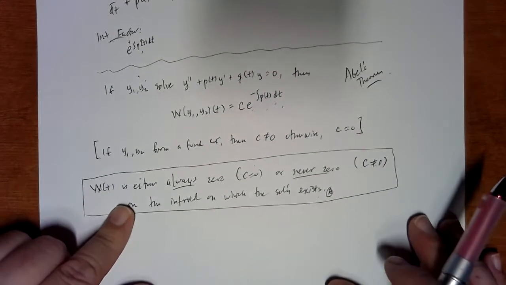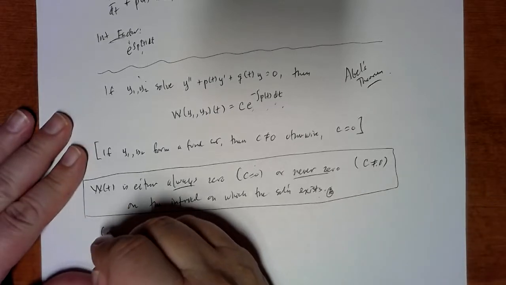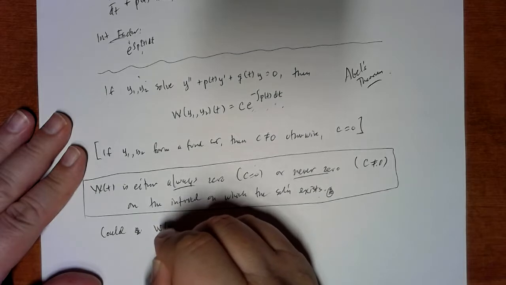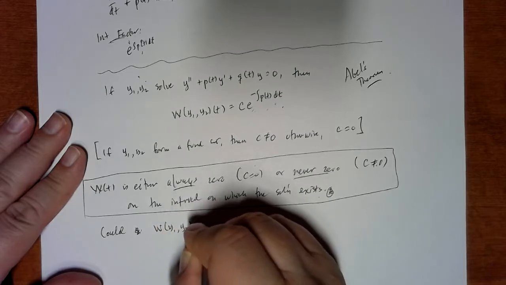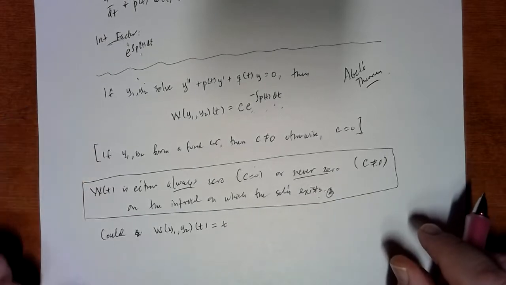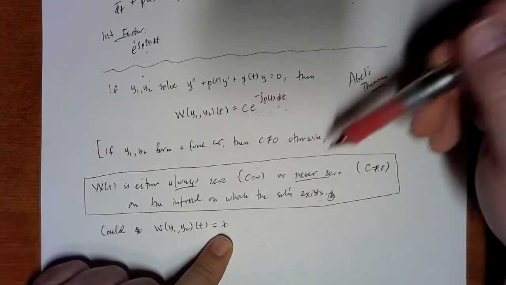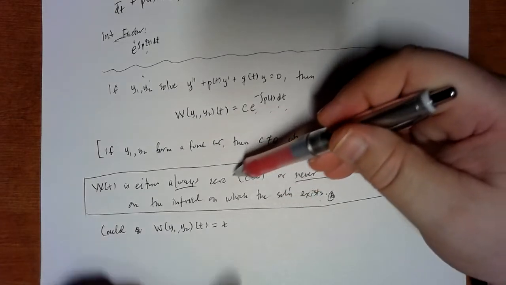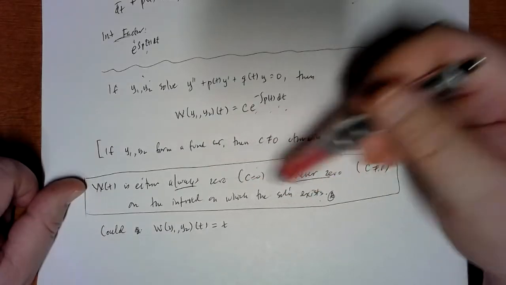So why is that important? Is because could the Wronskian of y1 and y2 at t be equal to something like just t? Notice that t is sometimes 0 and sometimes not 0. But this Abel's theorem says that the Wronskian is either always 0 or never 0.